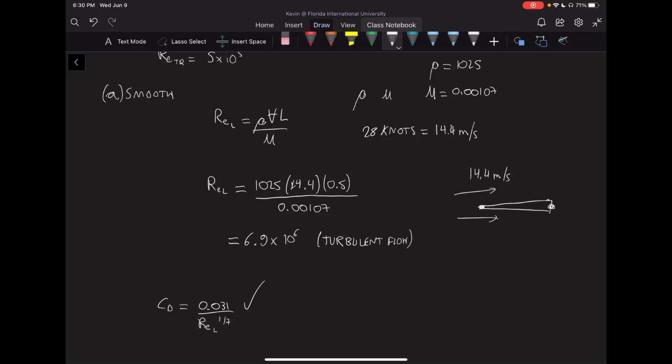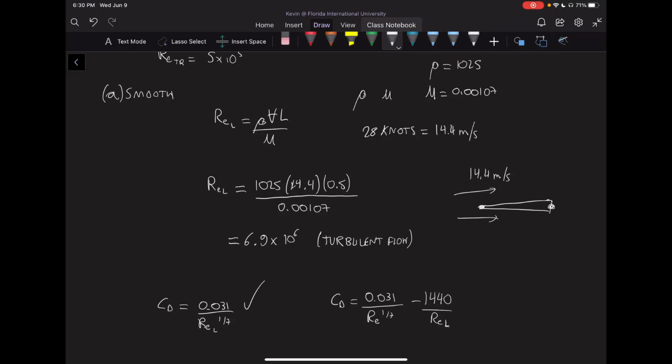Or should we use our equation that says CD is equal to 0.031 over Reynolds to the 1/7 minus 1440 over Reynolds L? Which one should we use? Well, since we have our transition starting at 5 times 10 to the 5, we have to look up until where the transition occurs.